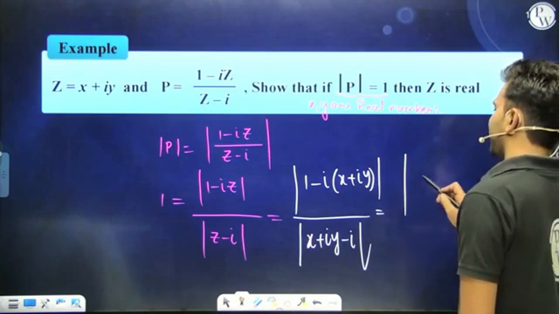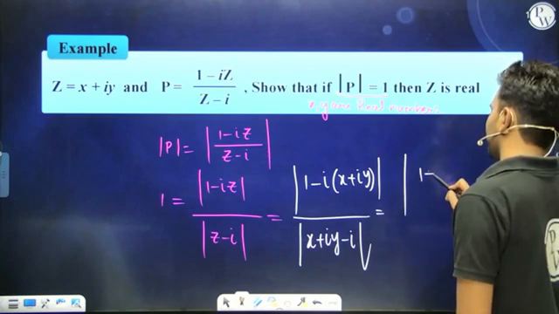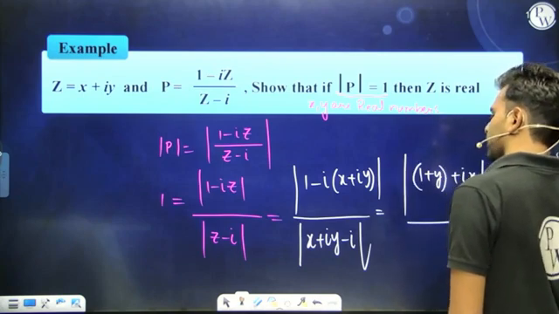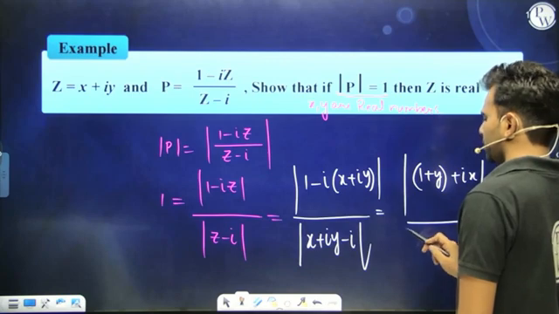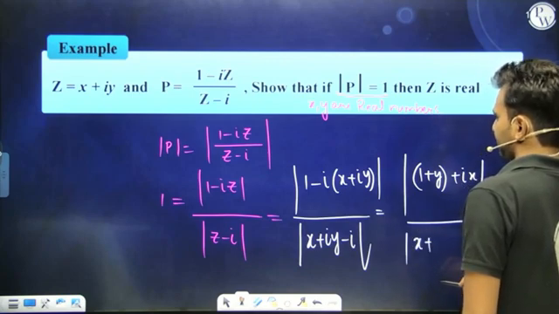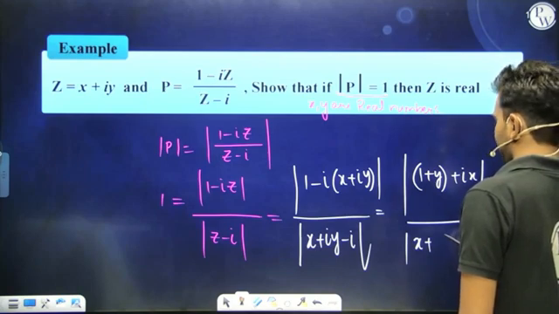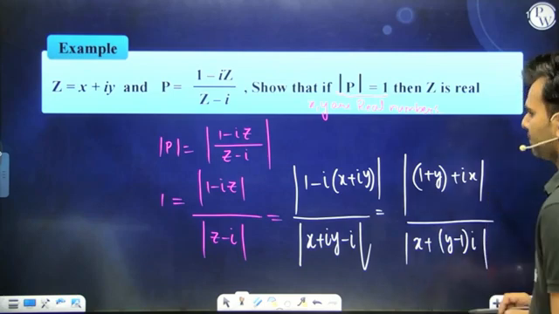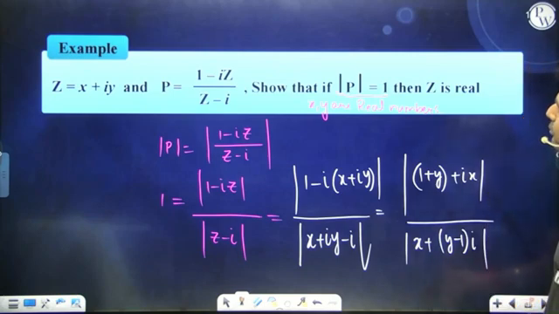Since iota square is minus 1, it is going to be 1 plus y plus iota x divided by x plus (y minus 1) iota.